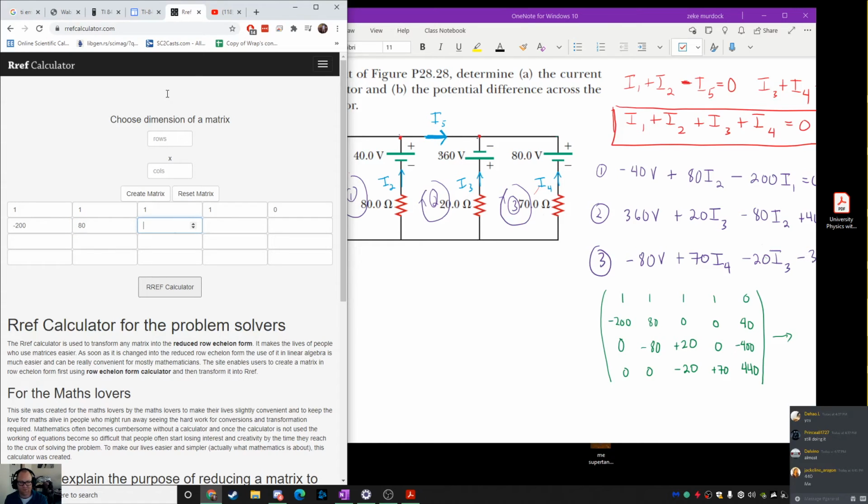I think the answer for this one is like 1, 3, 6, 8. Anyone get something like that? Got 1, 3, negative 8, 4. Yeah, I got that. Negative 80, positive 20, 0, negative 400, 0, 0, negative 20, 70, 440.